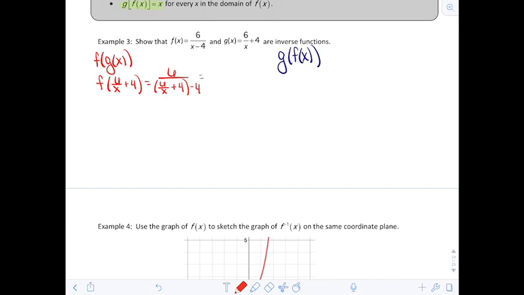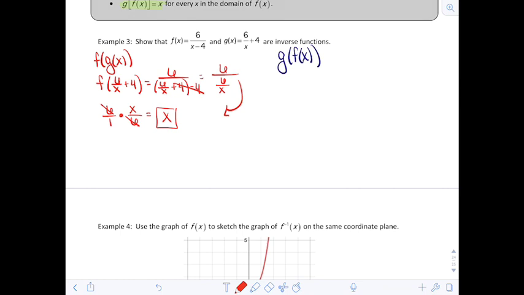So as I simplify this, in the bottom, 4 minus 4 cancels out. So I'm left with 6 divided by 6 over x. Well, I know that fractions are division, so I can think of this as 6 over 1 divided by 6 over x, or change it to multiplication of the reciprocal, x over 6. And what happens is the 6's cancel, and I'm left with just x.